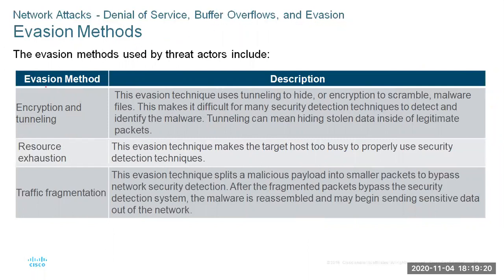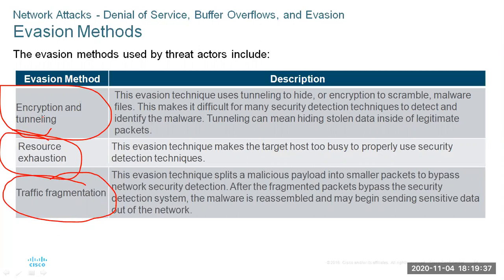Now, evasion. Evasion is a method used by threat actors, and it includes encryption and tunneling, resource exhaustion, and traffic fragmentation. What do they mean? Encryption and tunneling is a technique that uses tunneling to hide, encrypt or scramble malware files, making it difficult for many security detection techniques to detect the malware.